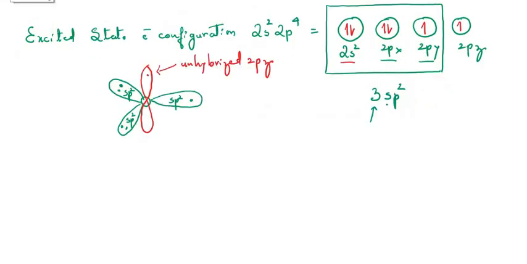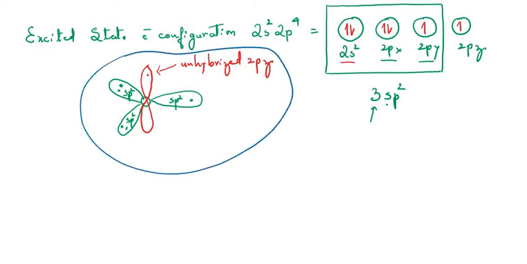So now students, let us see the diagrammatic picture of this oxygen after forming the hybridization. Here we can see that the 3 sp2 hybrid orbitals are represented in this manner. I hope you are able to see this. This is one sp2 hybrid orbital which is having only one electron, that is the 2py orbital.